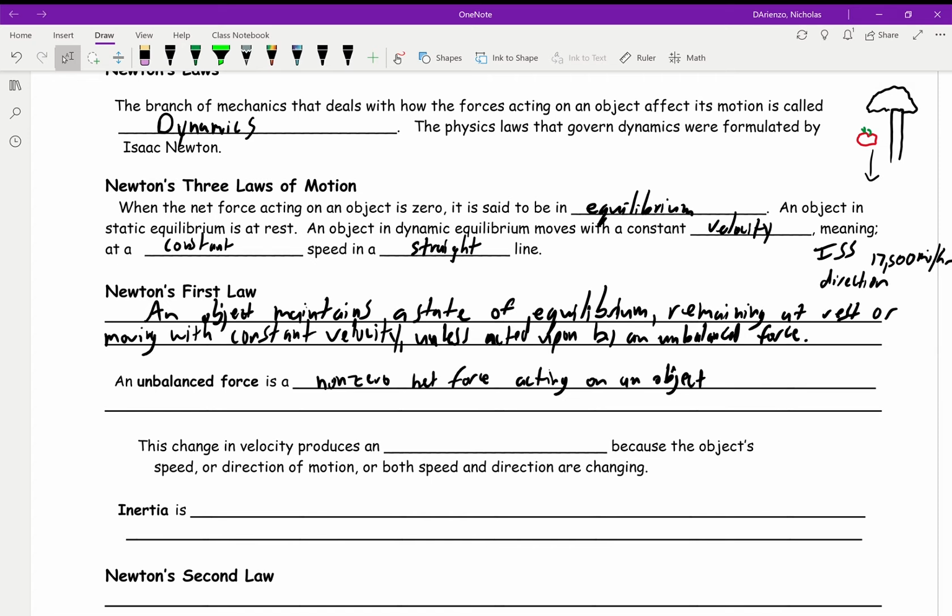This change in velocity produces an acceleration because the object's speed or direction of motion, or both, are changing. In the case of the ISS, this is the direction, which gives the ISS a centripetal acceleration around the Earth.